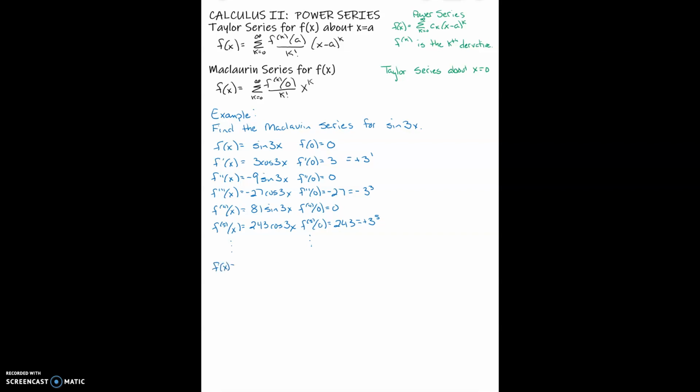Now, our original function, sine of 3x, is what we're looking at, but using our little pattern here, this function is going to be the sum, as k goes from 0 to infinity, of the kth derivative evaluated at 0 over k factorial times x to the k.